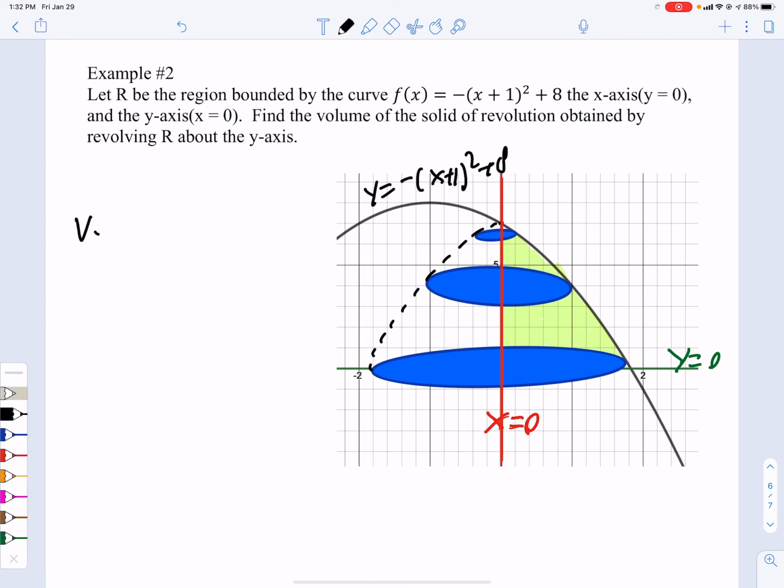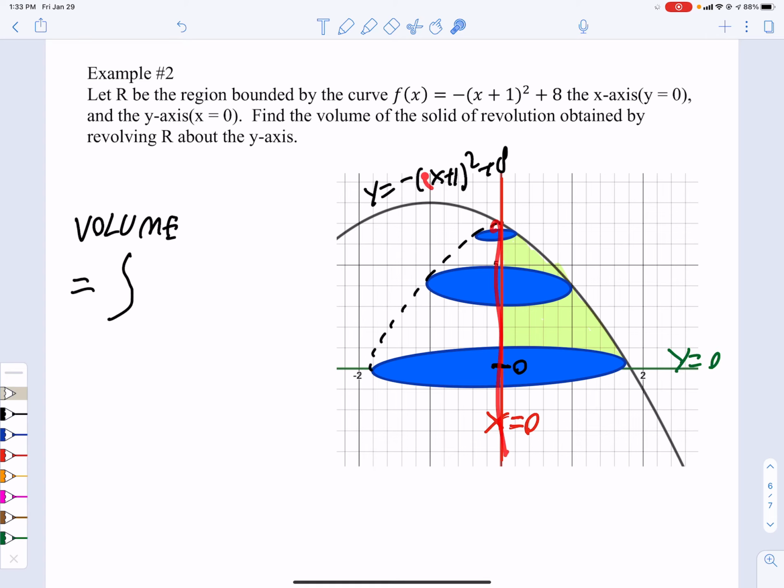So what's the volume of this? You can pause and try this. The volume will be, you add up all the integrals. Where are we starting? We're starting here at 0. And where's the last disk? The last disk would be right here. What is that point? Well, x is 0 there, right?